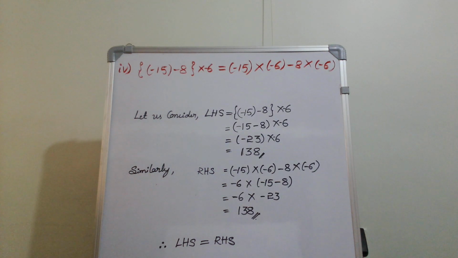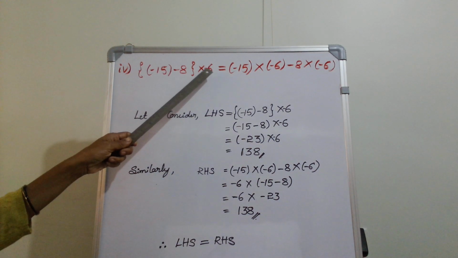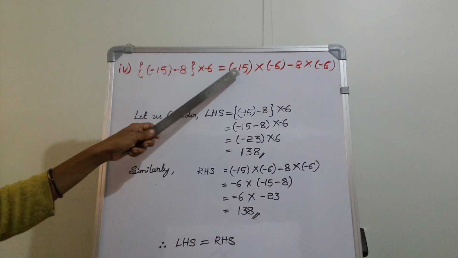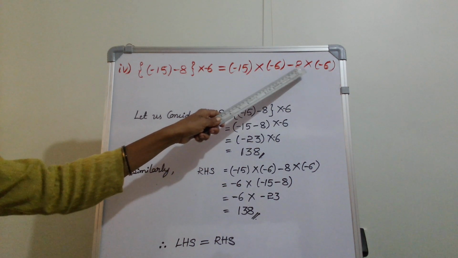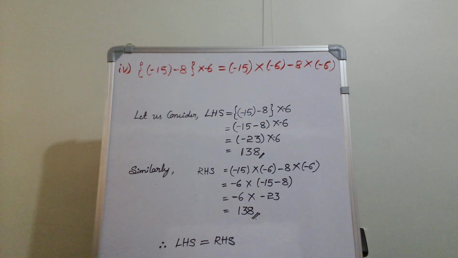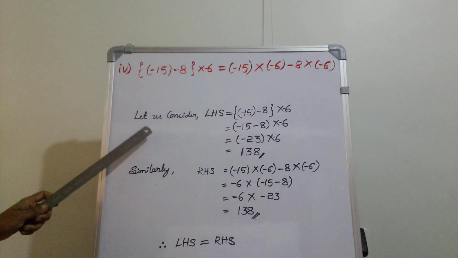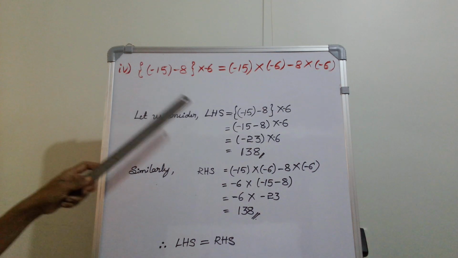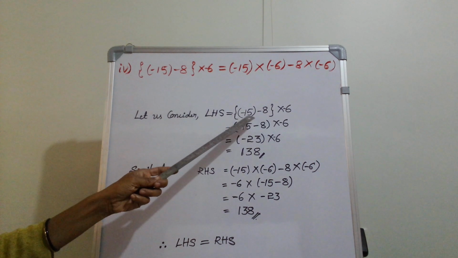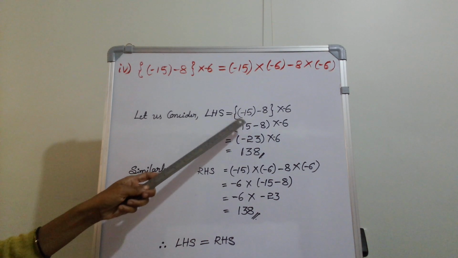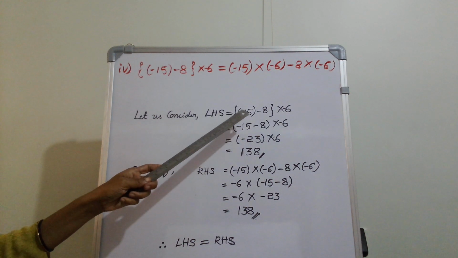Fourth problem. Minus 15 minus 8 into minus 6 is equal to minus 15 into minus 6 minus 8 into minus 6. Okay. Now consider the LHS. Minus 15 minus 8 into minus 6. Now we can also write it as minus 15, just removing the brackets.